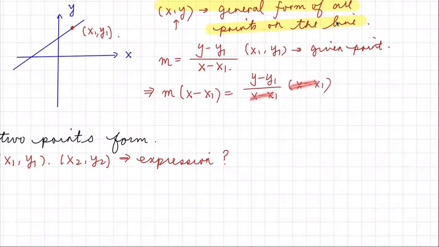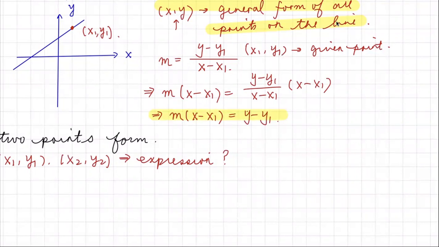And this cancels out. So this gives us m times x minus x1 is equal to y minus y1. And this is the point slope form.